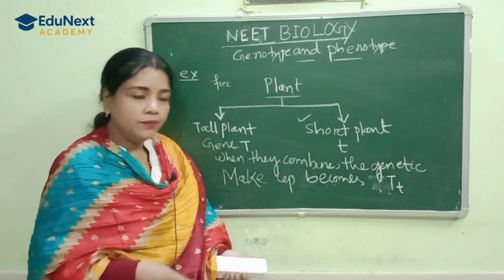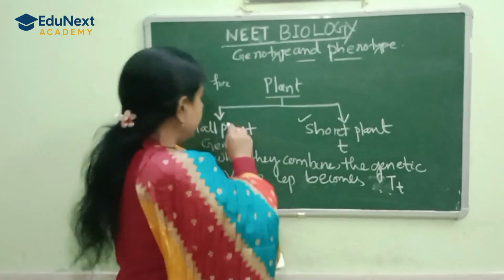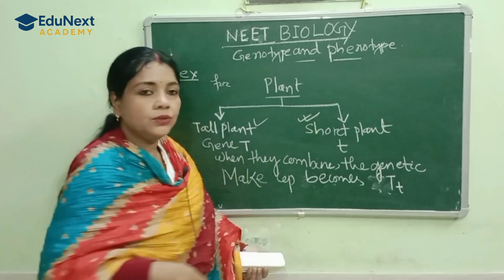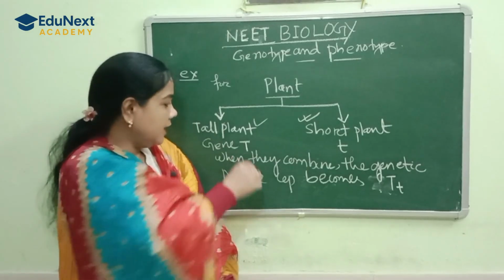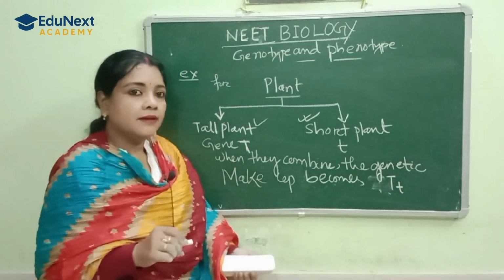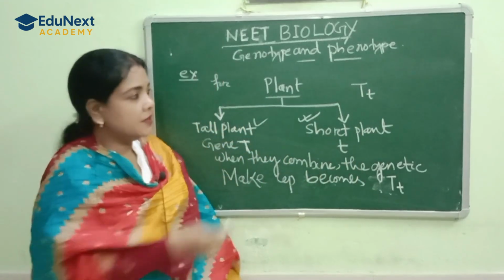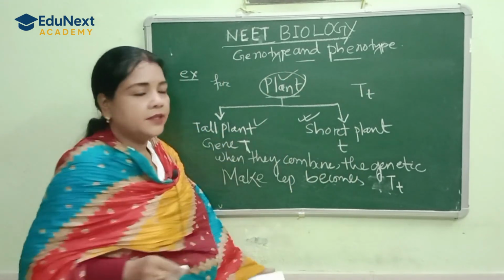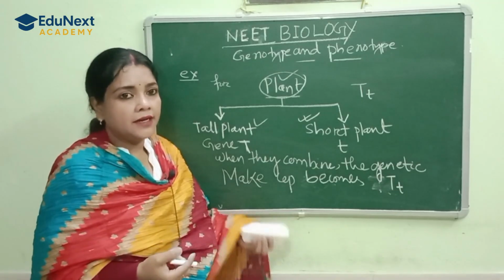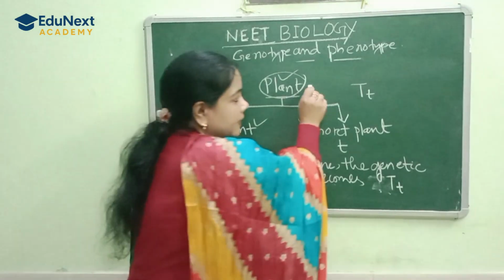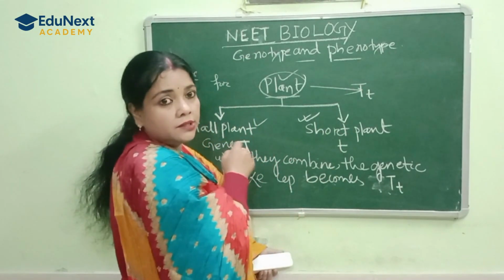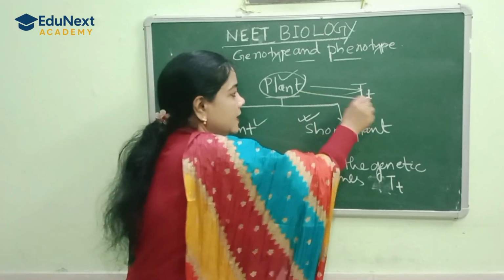The offspring plant, or child plant, takes characters from the taller parent and the shorter one.